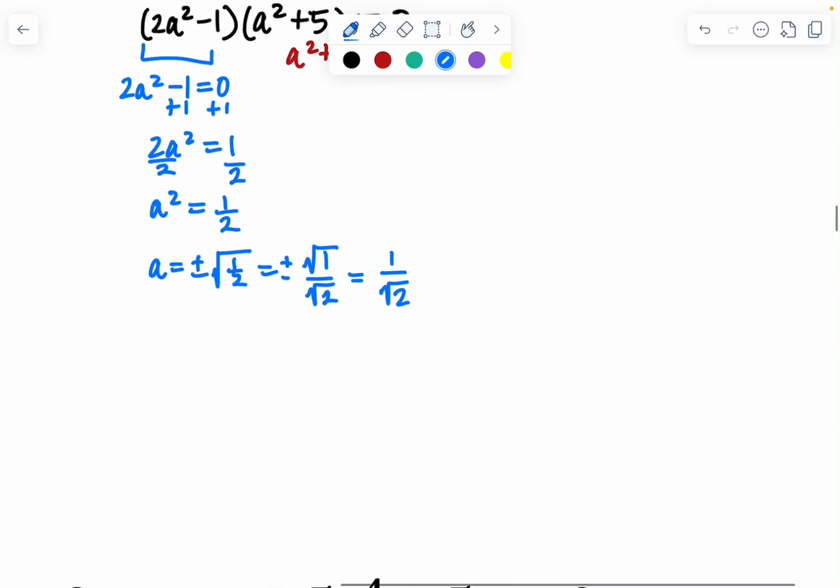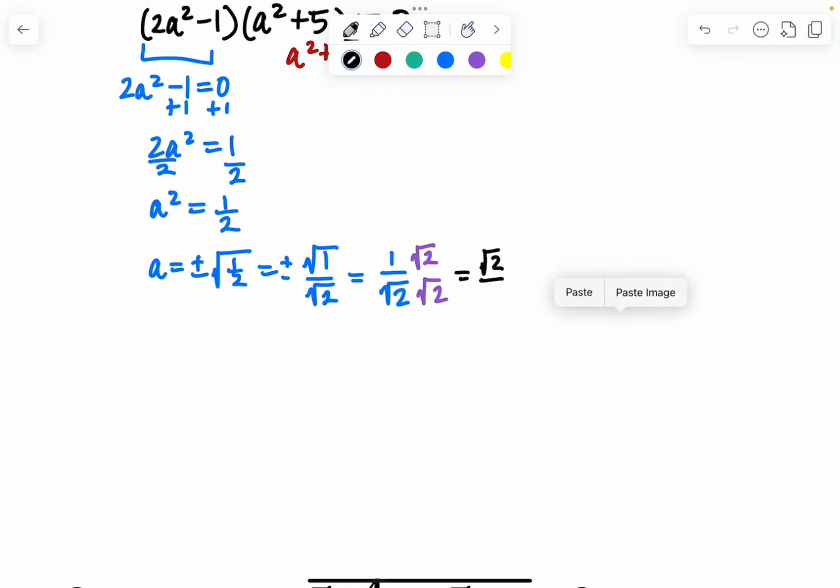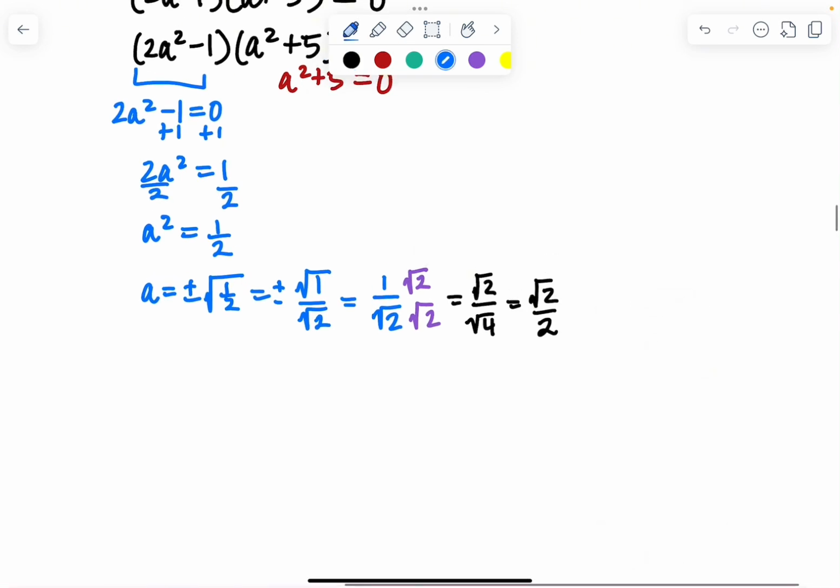And so now we need to rationalize the denominator. To do that, we multiply top and bottom by that square root of 2. And so then the top becomes square root of 2, the bottom becomes square root of 4, which is a perfect square. And so we get square root of 2 over 2. And so our final answer for this side would be positive negative square root of 2 over 2.